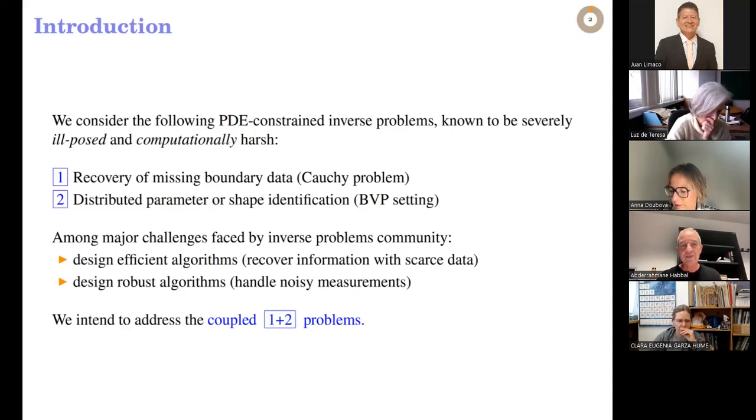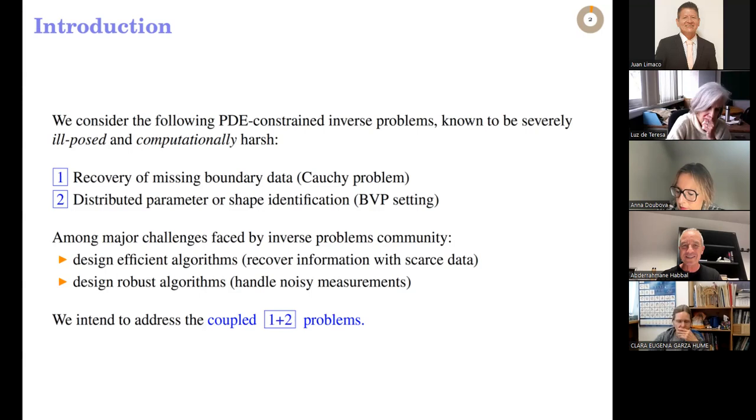In this talk, I will address the coupled problems. That is, I will set up problems where I want to recover missing boundary data and, at the same time, simultaneously solve for identification of distributed parameters or shapes.